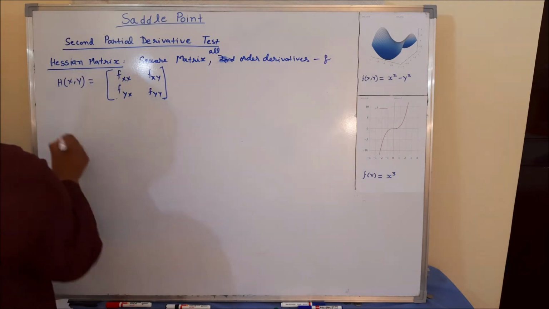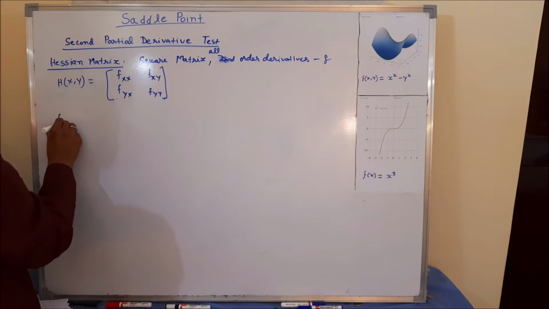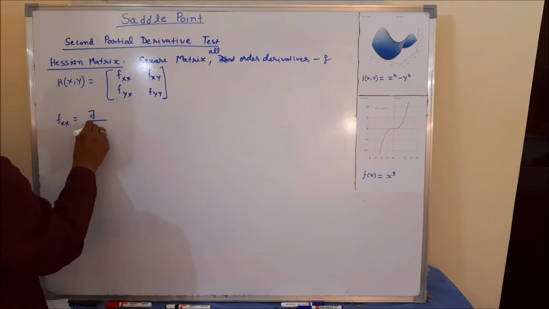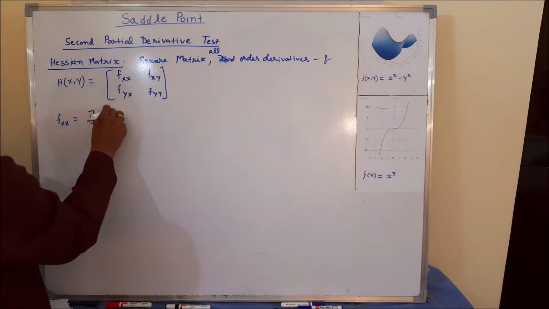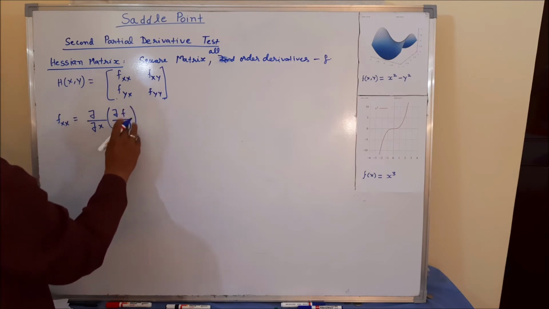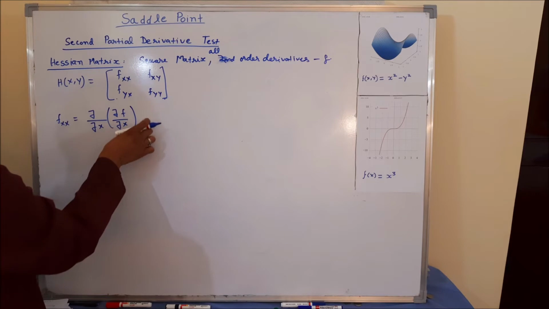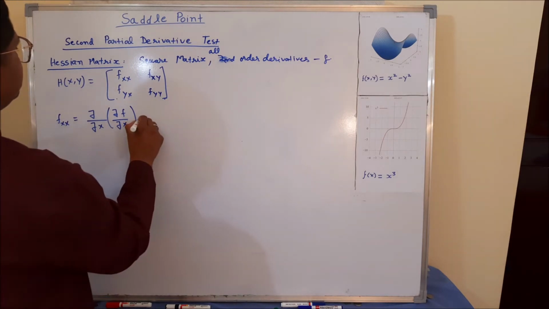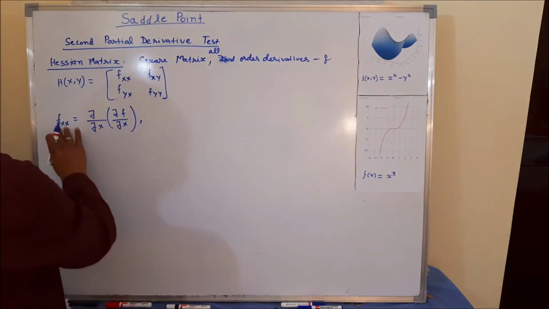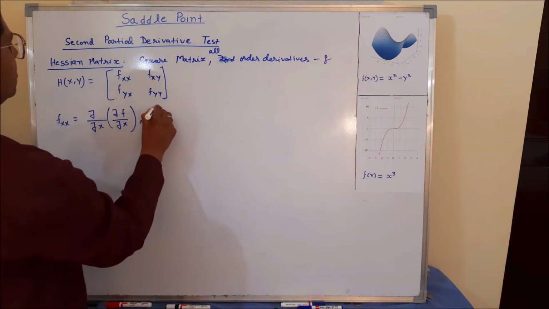Actually, fxx is equal to the second order partial derivative with respect to x. So in this case, if we take f(x,y) equal to x square minus y square, our fxx will be equal to del.